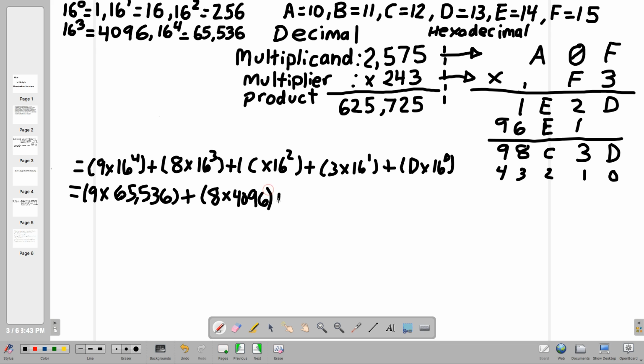All right. So C is represented by the value 12, and 16 to the 2nd power is 256. And then we have 3 times 16 to the 1st power, which is 16. And D is represented by the value 13 in hexadecimal. And anything to the 0th power is 1.